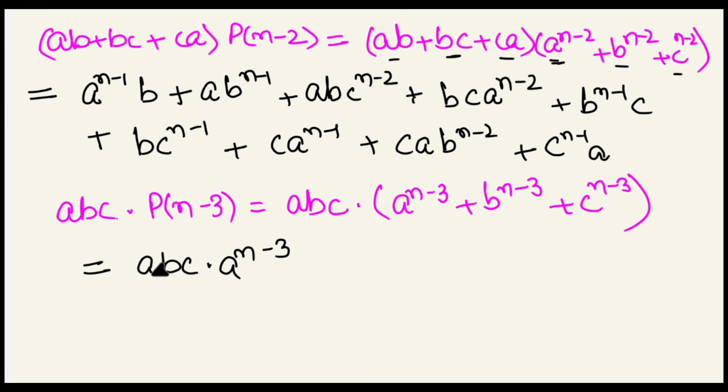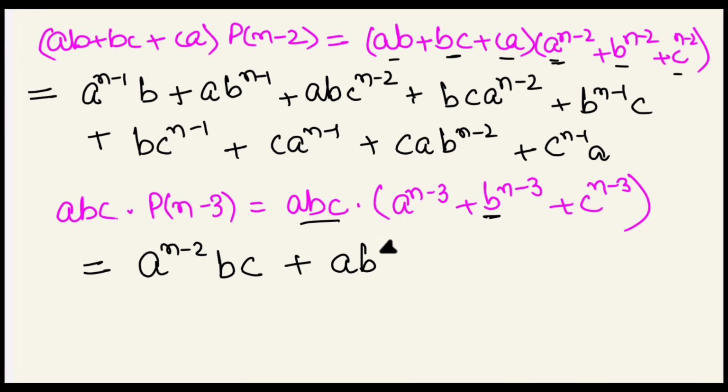Now a to the power 1 and a to the power n minus 3, so we'll add the powers. It will become a to the power n minus 2. So let me write the final result only. a to the power n minus 2 into bc, plus abc into b to the power n minus 3, which is a b to the power n minus 2 c, plus abc into c to the power n minus 3, which is ab into c to the power n minus 2. So this is the third term.